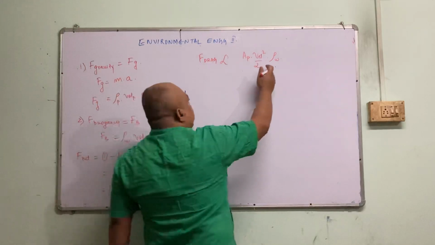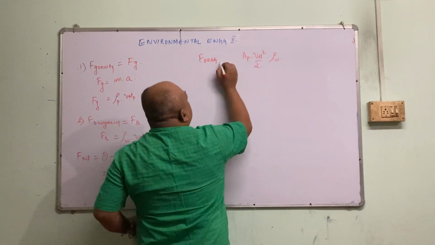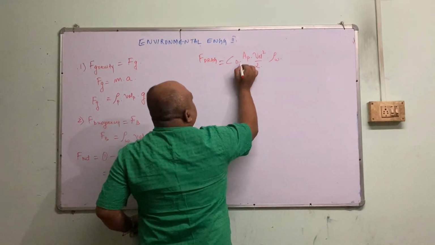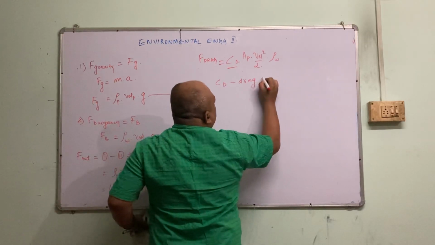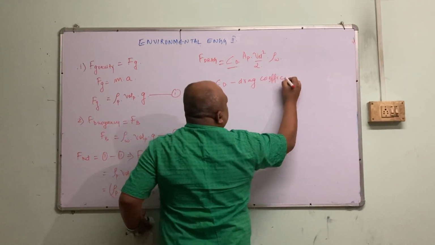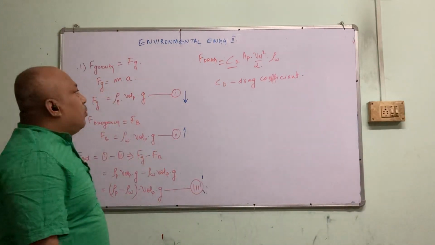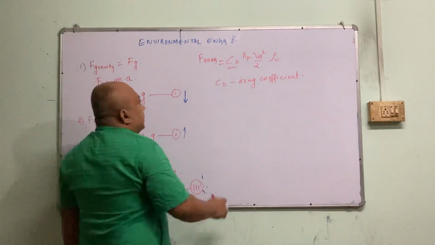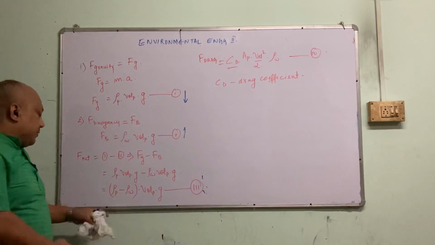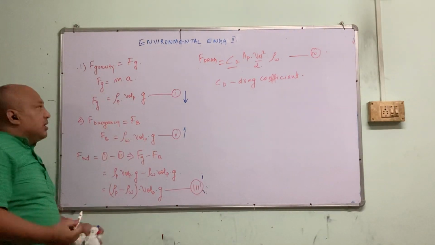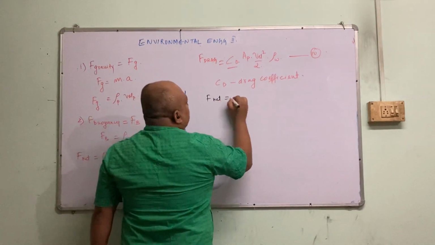So this also plays a part. Fine. And to make things equal, we put another coefficient called the drag coefficient. So CD is the drag coefficient. Okay. So now, this is equation number 4. This net force is going to be equal to the force of drag.